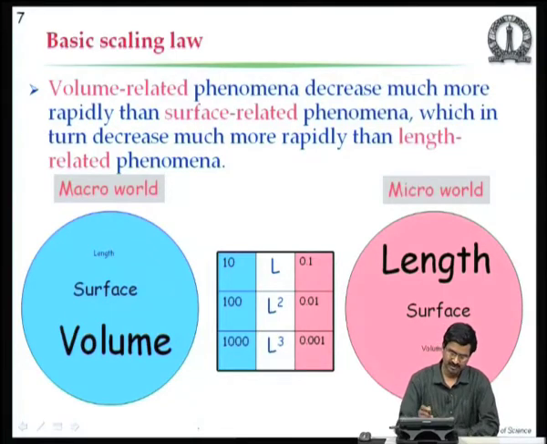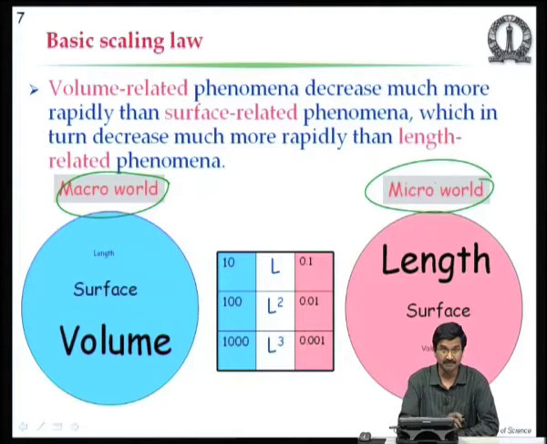You have the macro world here, this is our blue world, and then the pink world is a micro world. In the macro world, length looks very tiny, you can hardly see it there, surface looks a little bit bigger, volume looks very large, and it is exactly the other way around at the micro scale. Length looks really big, surface medium, and volume is hardly felt.